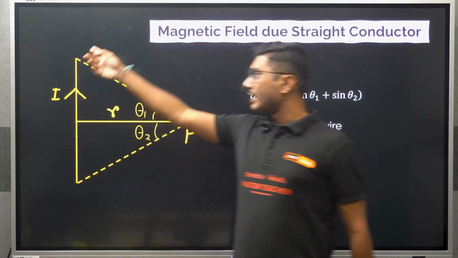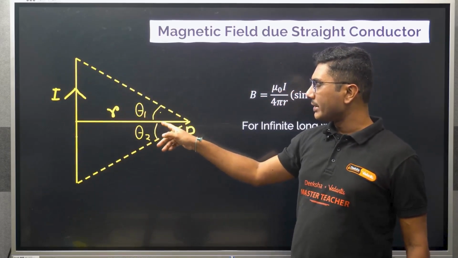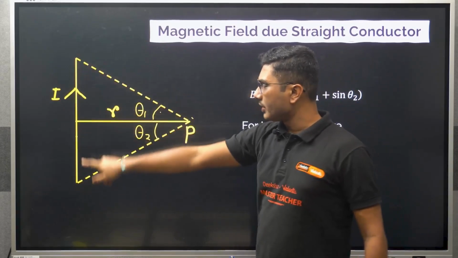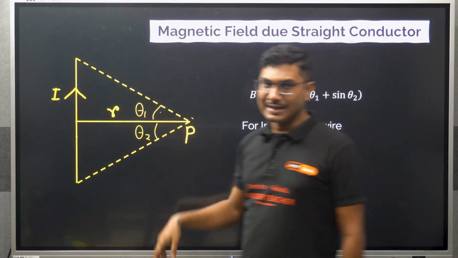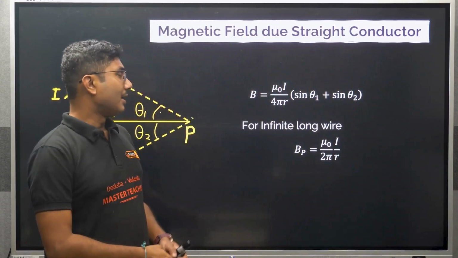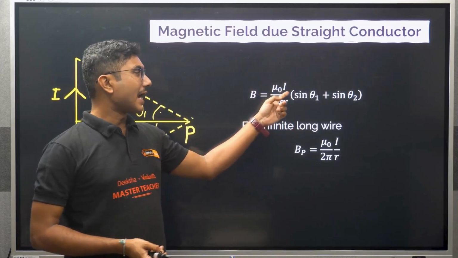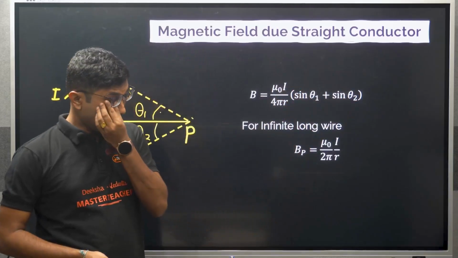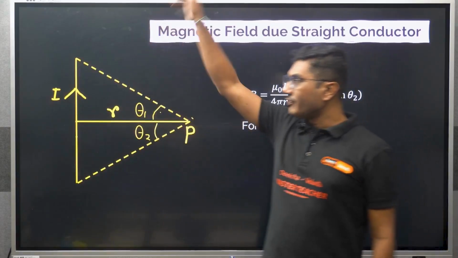If the wire is finite, it makes some angles theta 1 and theta 2 if you join the point to the top and bottom positions. Then the magnetic field is given by mu naught I by 4 pi r times sin theta 1 plus sin theta 2.